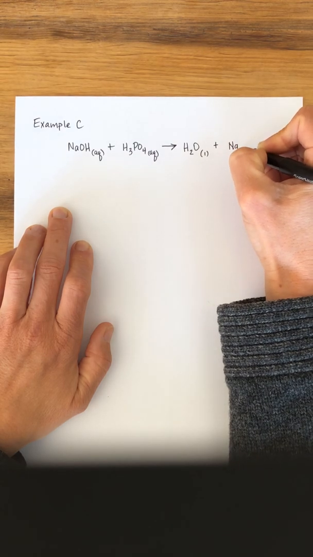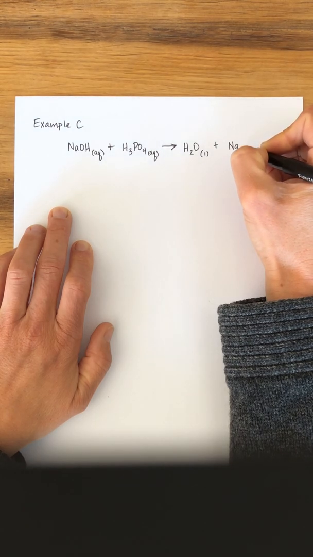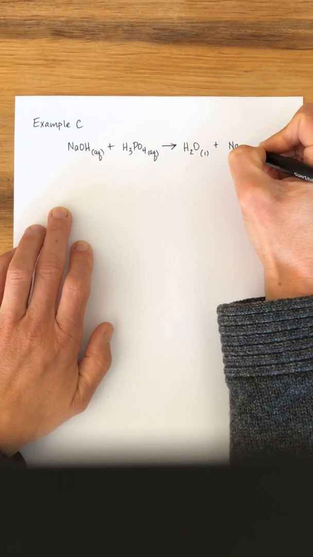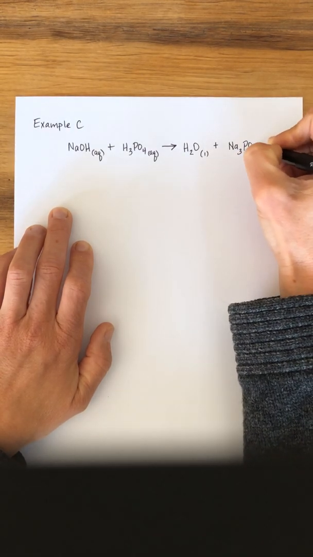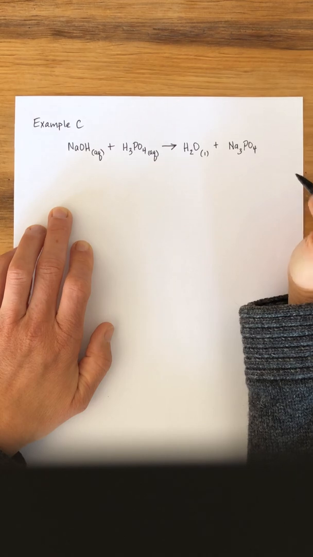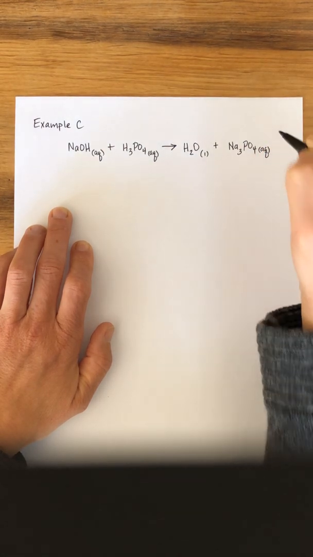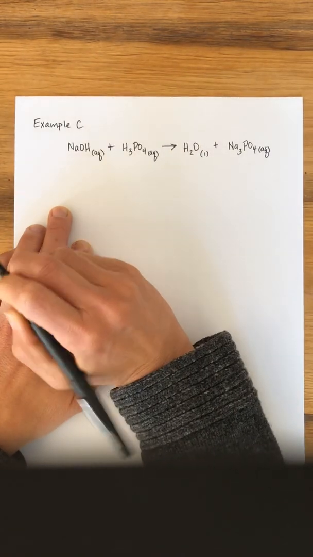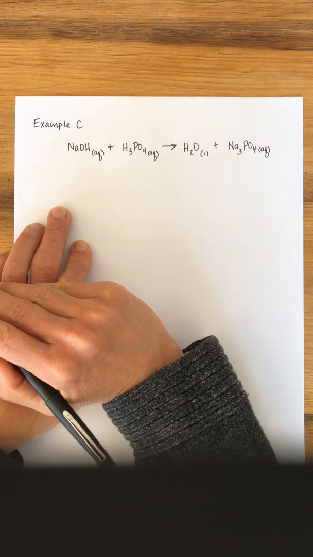Now don't forget that phosphate has a minus 3 charge, and for that reason we need to have 3 sodiums so that all of the ions can get a full valence shell. When I look at my solubility chart, I see that it is soluble, so we write aqueous. The next step is to see whether or not this equation is balanced.